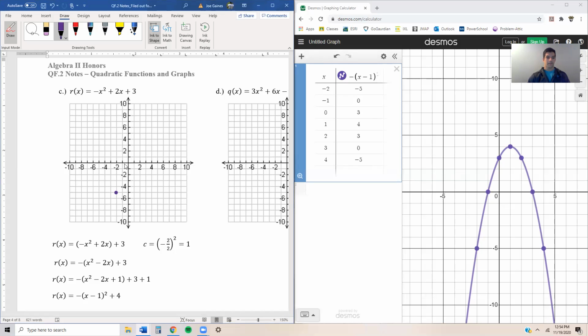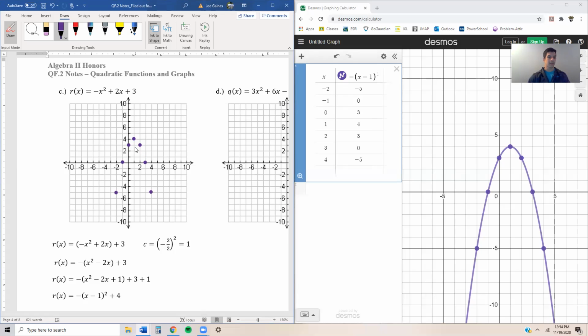Then I'm going to graph -1, 0. I'm going to graph 0, 3. I'm going to graph 1, 4. Then 2, 3. Then 3, 0. And then 4, -5. And there I have the points for my parabola.